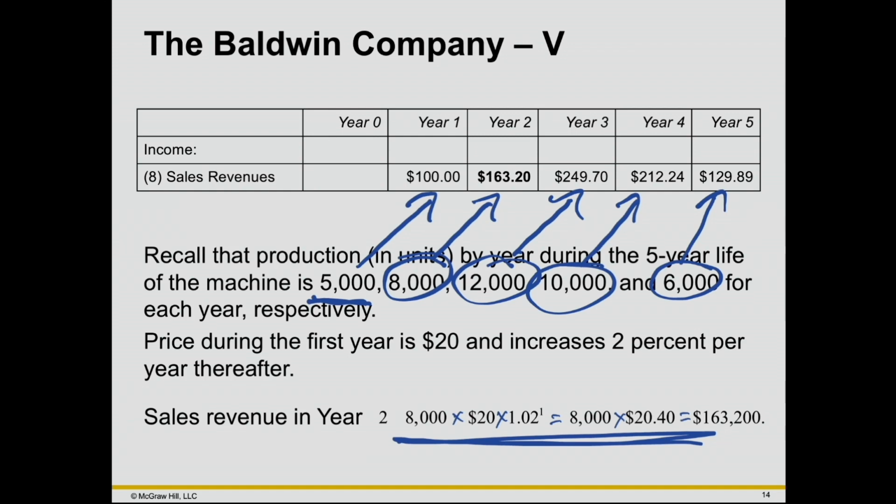For year 3, we would simply replace the 8,000 with the 12,000, and we would replace the 1.02 raised to the first with 1.02 raised to the second, and run through that calculation. For the 4th year, replace the 12 with the 10, and it'd be 1.02 to the third, and so forth.